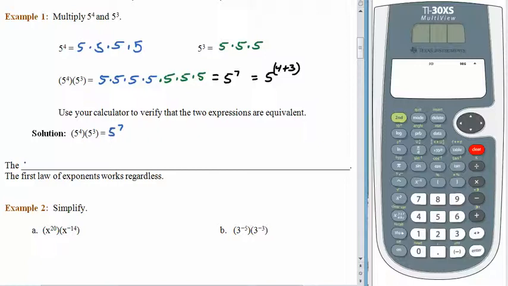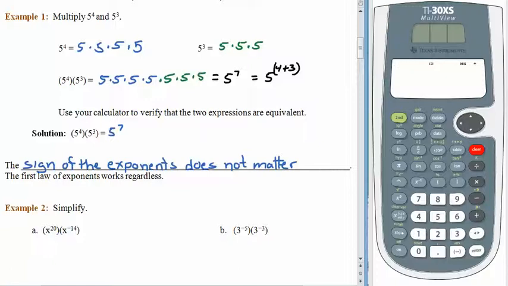And the sign of the exponents does not matter. The law applies for exponents of all sizes.